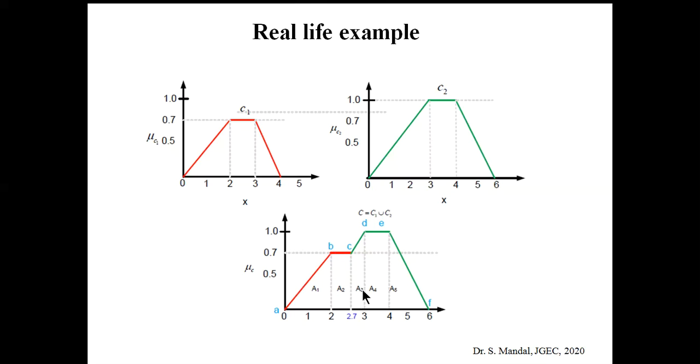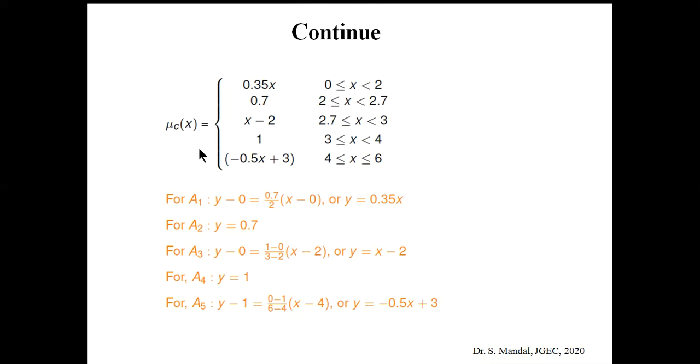For A2 this is constant, for A3 this has been increasing, for A5 again this is constant, and for A5 this has been decreasing. So for each area we need to identify the corresponding membership function.